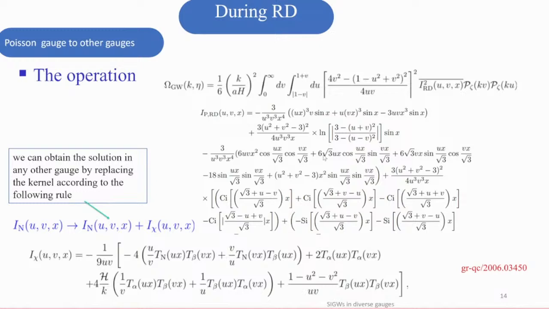This is our further modest goal. We can obtain the solution in any other gauge by replacing the kernel function using this transformation for the evaluation of energy density.